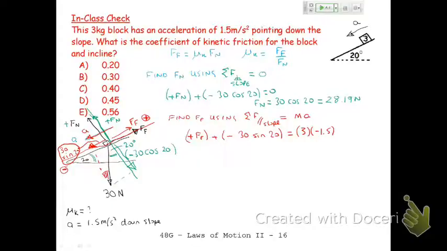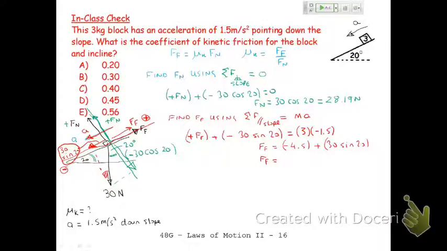So then I say, well, Ff is equal to minus 4.5 plus 30 sine 20. Oh, sorry about that.